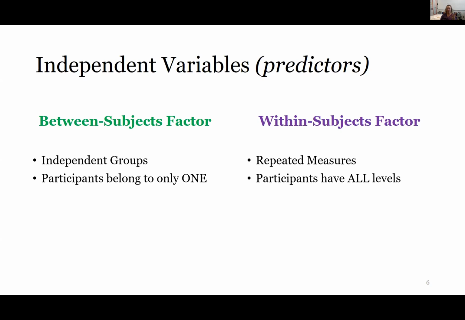Now, I will tell you this too, if you are missing some data on some person, maybe you have a baseline in 1 year, and maybe you missed 5 years because you couldn't find them, and then they're back at 10 years, you cannot use them for a repeated or mixed design ANOVA. You can use their data for a multi-level or a mixed effects model. So that's another bonus to doing not an ANOVA. ANOVA is very restrictive.